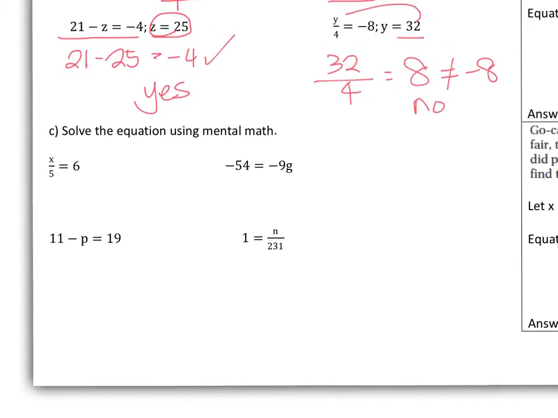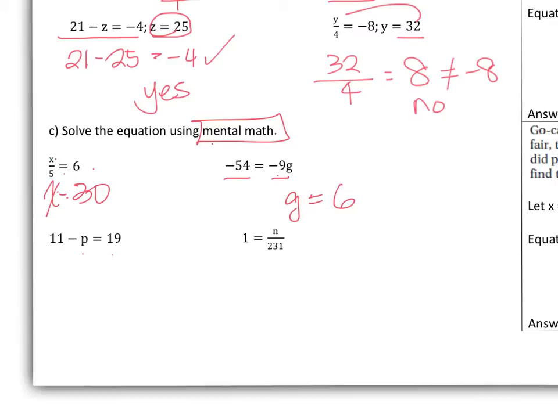Okay, part C, it wants you to solve the equation using mental math. So do it in your head. X divided by 5 equals 6. So you know 30 divided by 5 gives you 6. And here, negative 54, negative 6. Negative 9 times 6 gives you negative 54. And here, 11 minus p equals 19.